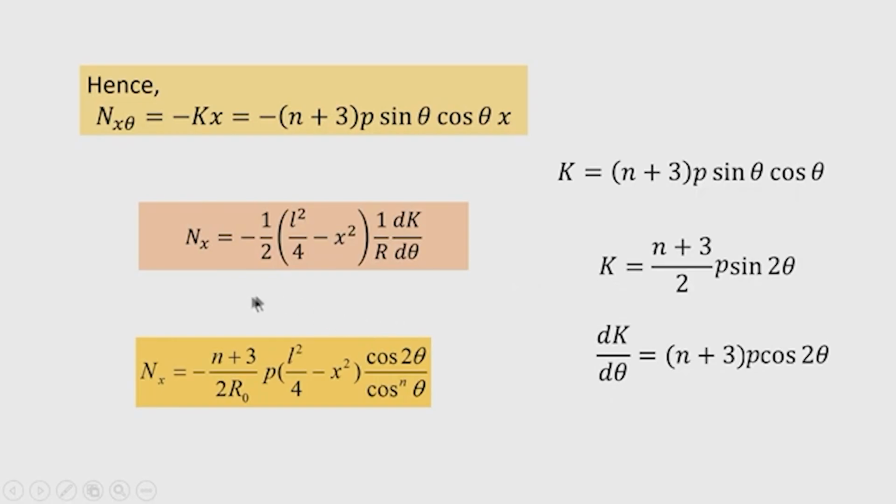So, therefore, the n x, the expression for longitudinal stress, can be written as minus n plus 3 divided by 2 r naught p into L square by 4 minus x square into cos 2 theta divided by cos to the power n theta. So, in this way we have obtained the membrane stresses, the 3 components of stresses, that is n x, n theta and n x theta.